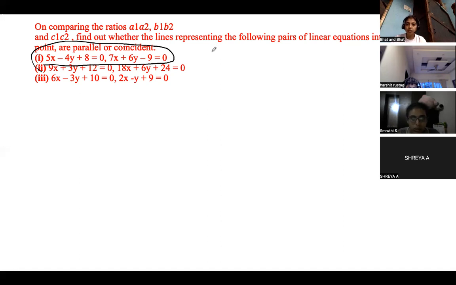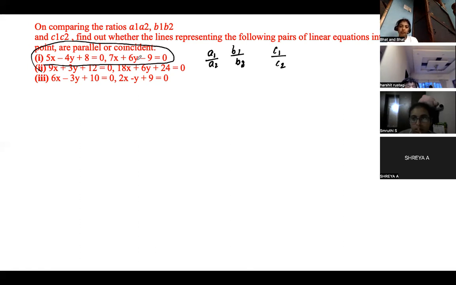And then we also know the ratios, that is A1 by A2, B1 by B2, and C1 by C2. Just recalling everything once. If A1 by A2 is not equal to B1 by B2, then they are intersecting lines, correct?